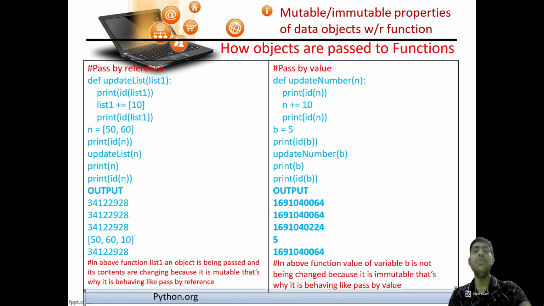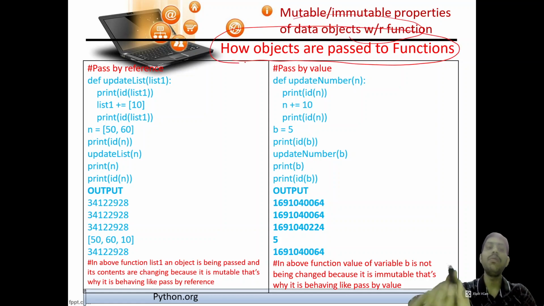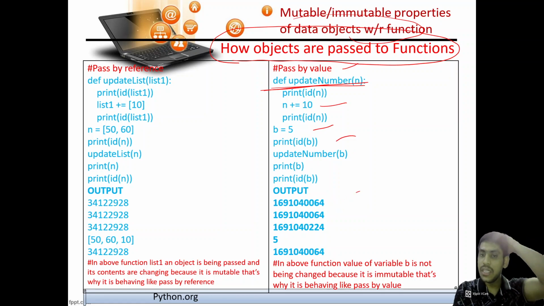So how does it hold the address? How are objects passed to the function? In the immutable case, you can see that every function has a different value, a different ID.